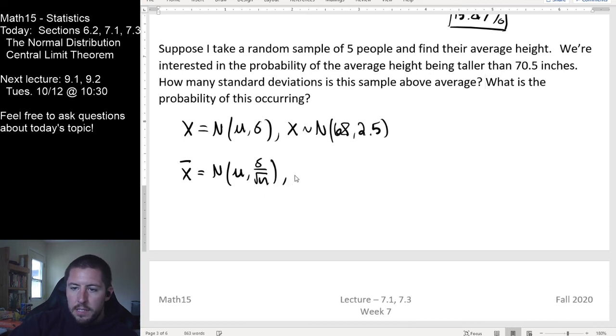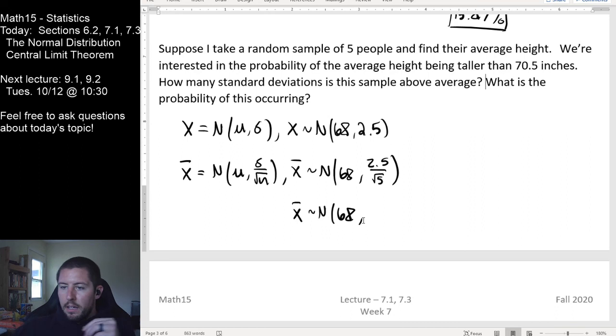For us, that's x bar being distributed normally with an average of 68, but now a standard deviation of 2.5 over the square root of 5. I'm going to go to my calculator and ask, what's 2.5 divided by the square root of 5? And I'm getting 1.118.